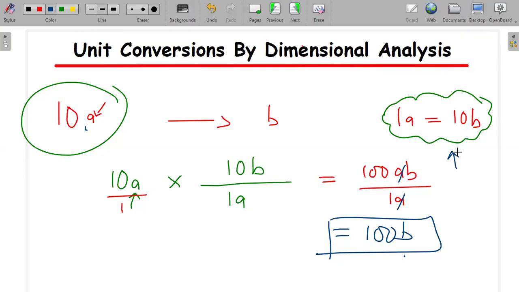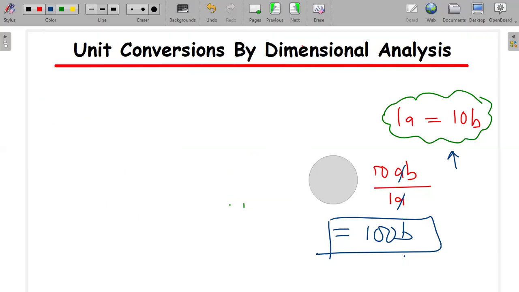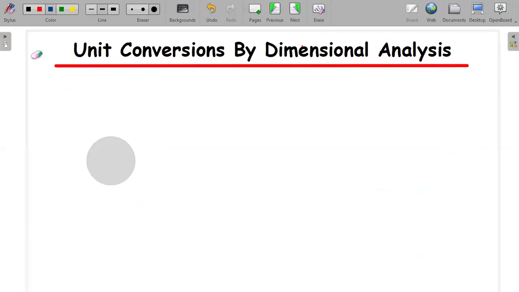and you have such a conversion factor there. Okay, and then what about if we have a measurement that has 2 units? Let's say I have a measurement maybe 2a per b. So let's say A and B are my units here. And then I want to convert to C per D. It means here I'm going to need 2 conversion factors.